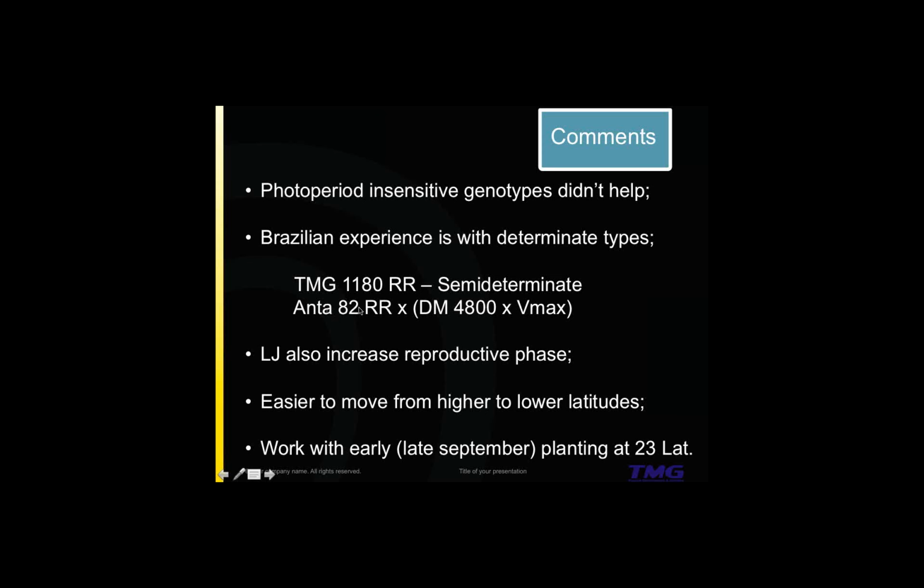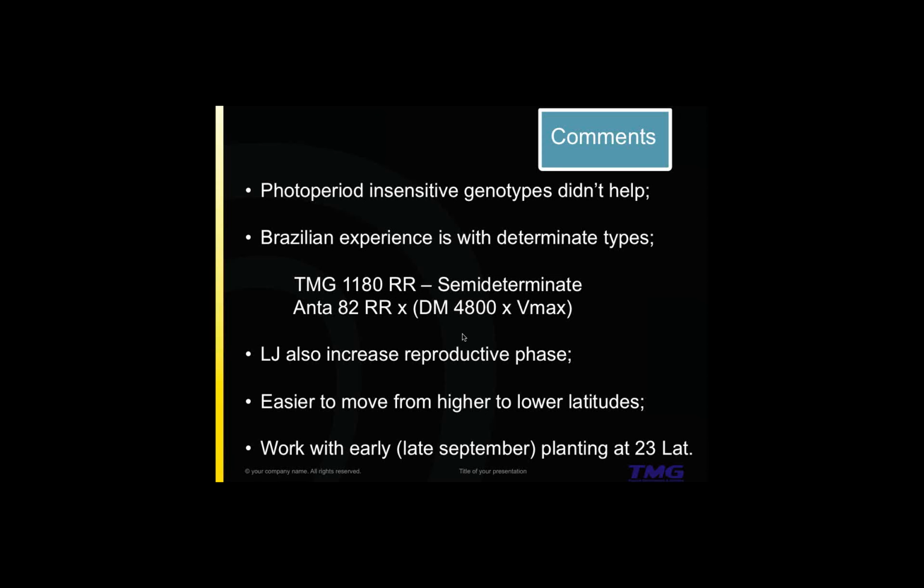One is ANTA 82, which in central Brazil is a 7.4 maturity group, but has a very limited planting date. You cannot plant this line in October, for instance. You have to start planting in November. So we developed this TMG variety that growers can plant anytime. You can plant even in the beginning of October.